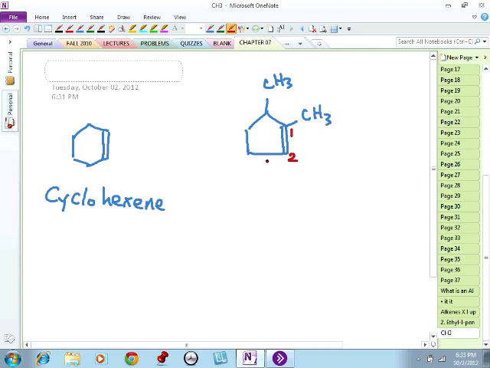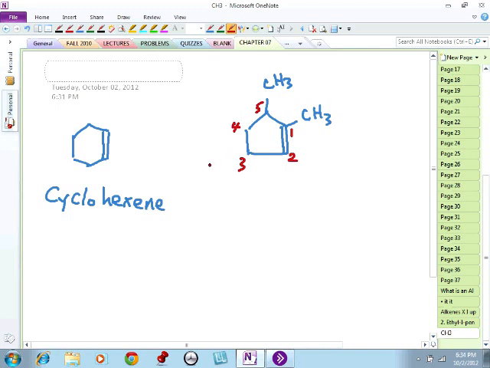If you have a carbon-carbon double bond, each one of them, of course, could be position 1 or 2. If you have an alkyl group attached to any of the carbons, the carbon that has the alkyl group becomes carbon number 1, which is what we have there. So this is position 1, 2, 3, 4, 5.